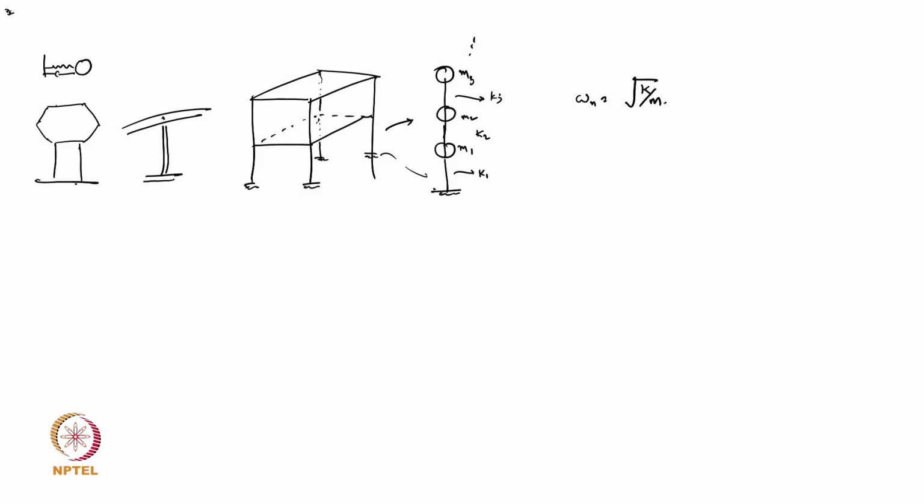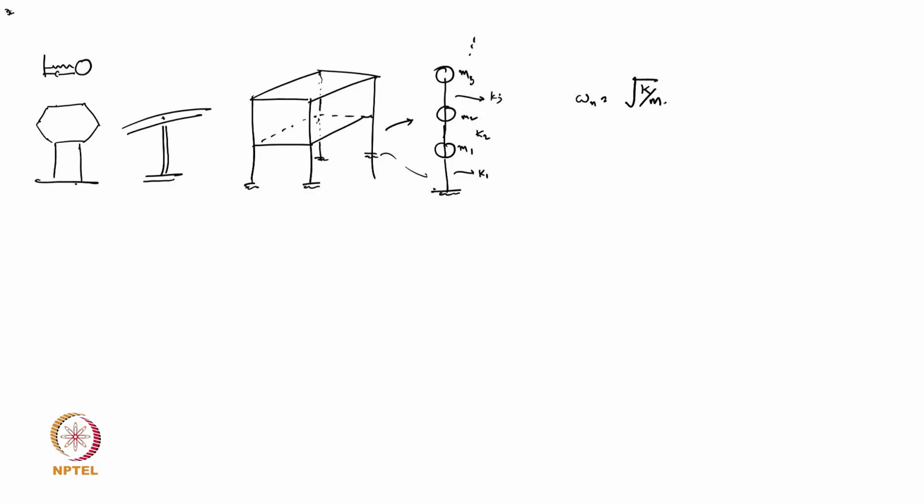So natural frequency will definitely be present in a multiple degree of freedom system as well, but the point is that we have to identify how we can get those natural frequencies. That is one of the prime aspects we are going to discuss.